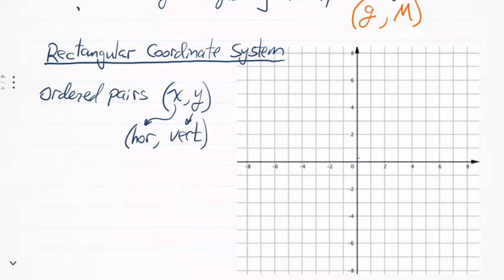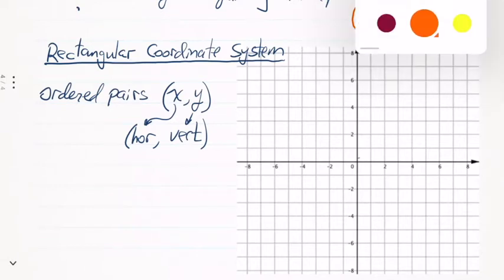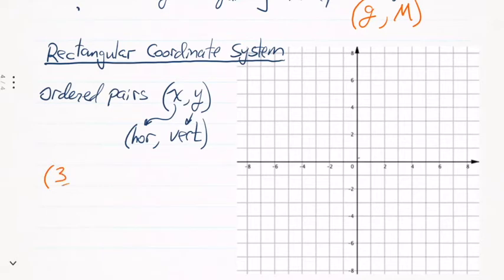All right, so let's talk about plotting points and then go from there. So if we have a point that is 3, negative 4, what this means is you're going to go positively in the horizontal direction. So to go positively, we're going to go right 3. And then the negative 4 is the vertical motion, but because it's negative, we're going to go down.